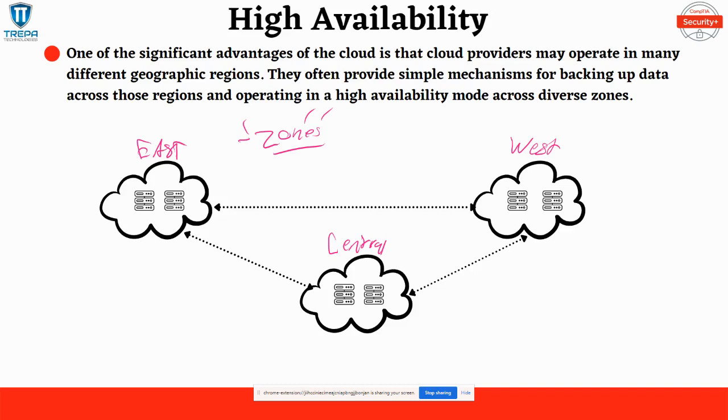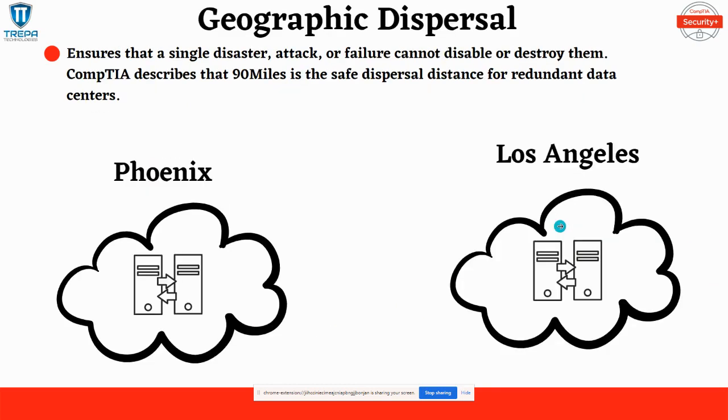Because now you have data centers all across the continent. And then, of course, geographical dispersal ensures that a single natural disaster will not destroy all the data in your enterprise. In the CompTIA exam book, it says that 90 miles is the safe dispersal distance for redundant data centers.